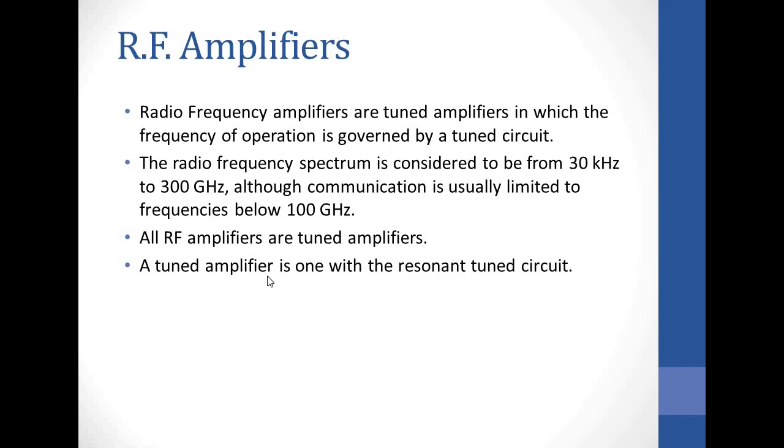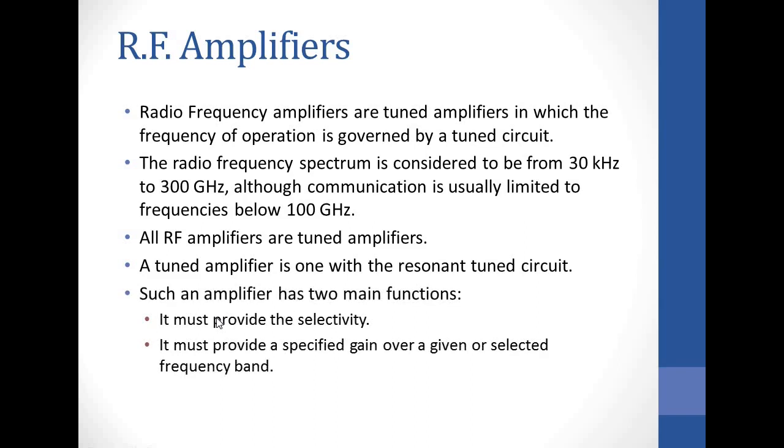So the tuned tank is the one that will be able to select the RF frequencies that we want to amplify. An amplifier should have selectivity, which is to select the frequencies that it wants to amplify and give a specified gain for those frequencies within the amplification bandwidth.